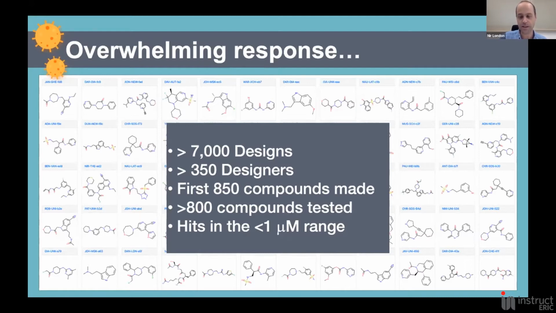So they're synthesizing the bulk of the suggestions. So they made by now close to 1,000 compounds. These compounds are sent for testing here at Weizmann and at another group at Oxford. And so far we were able to identify hits in the sub-micromolar range.